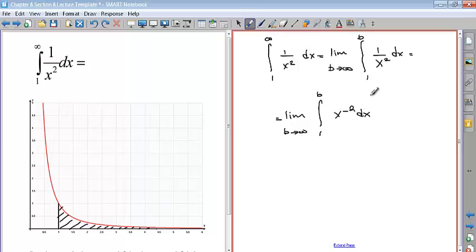So now it's in a form that we can use the power rule. So what we do is we add 1 to the exponent, and we divide by the new exponent, and then we evaluate it between the limits as shown in the previous step.